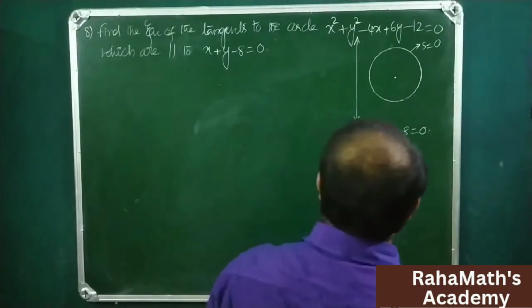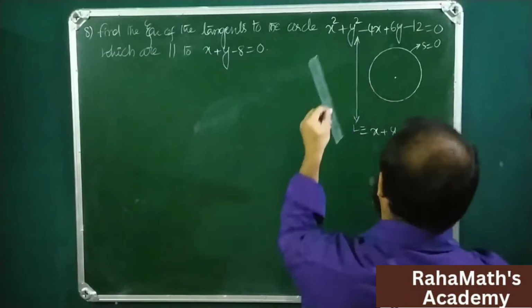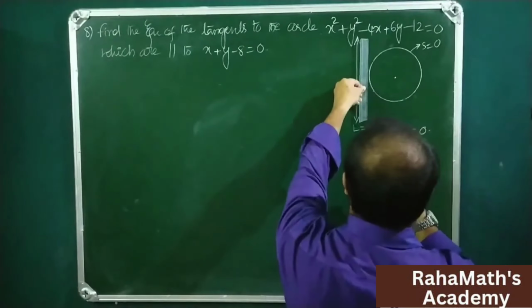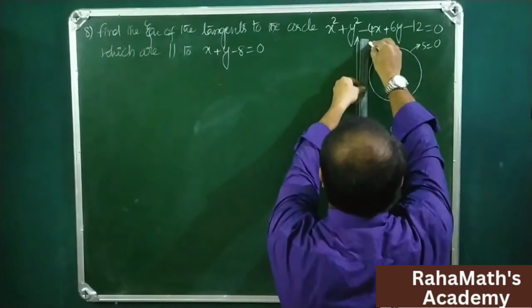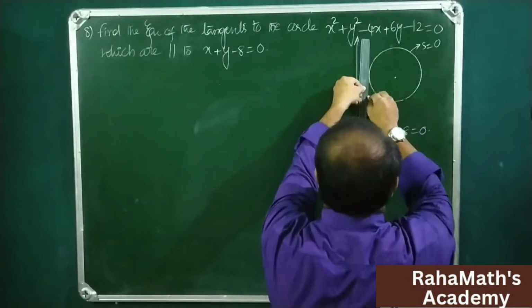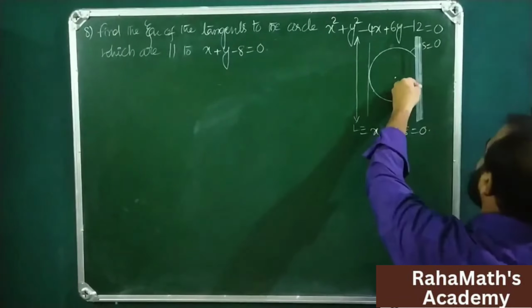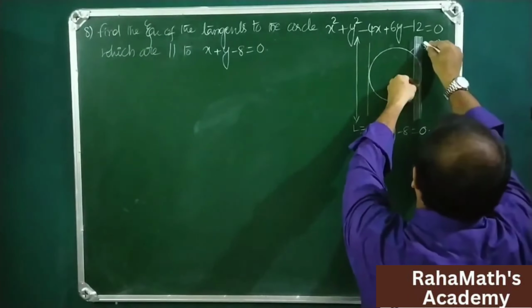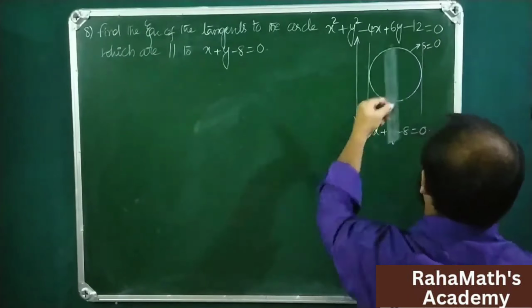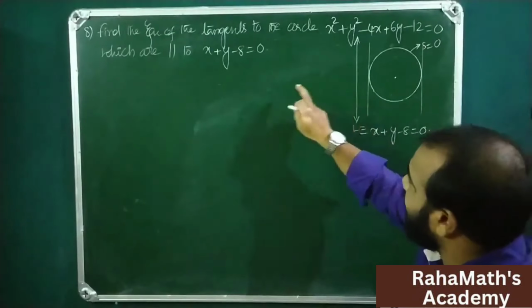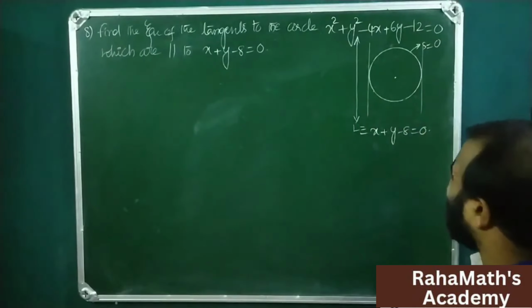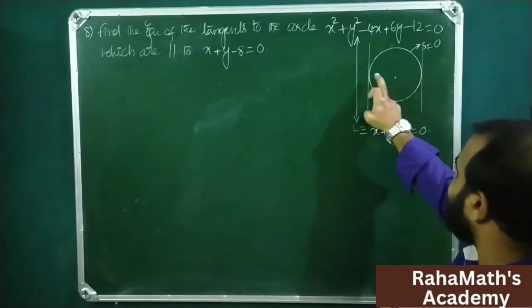Parallel to this line, we want a tangent to the circle. Parallel to x + y - 8 = 0, clearly there are two such lines.